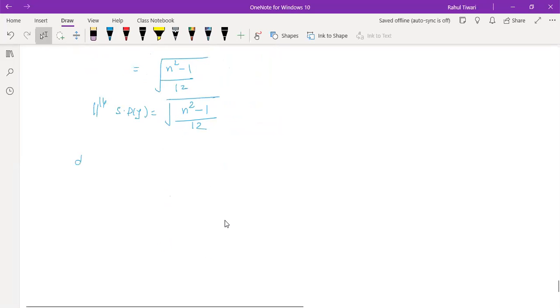D is x minus y, right? Can you find summation d square from here, which is summation of x minus y whole square? What is this? Summation x square plus summation y square minus 2 times summation xy. Correct?